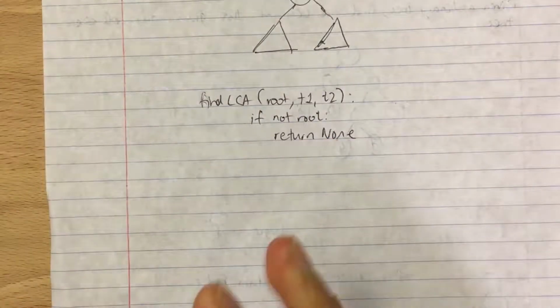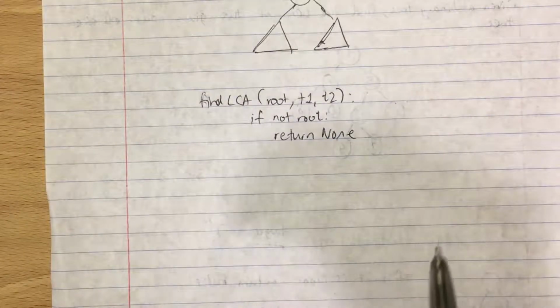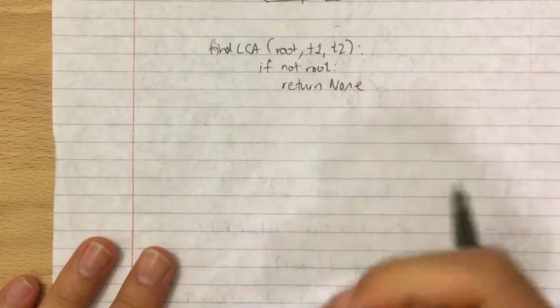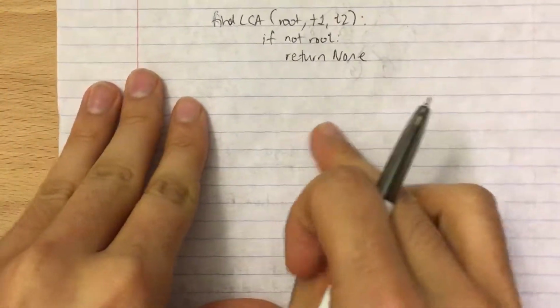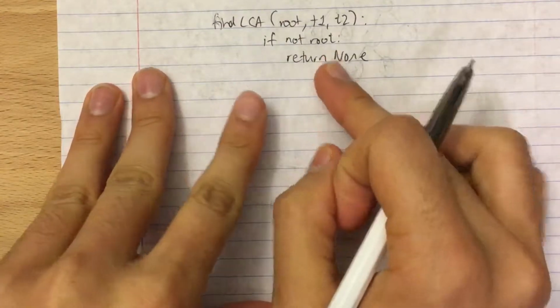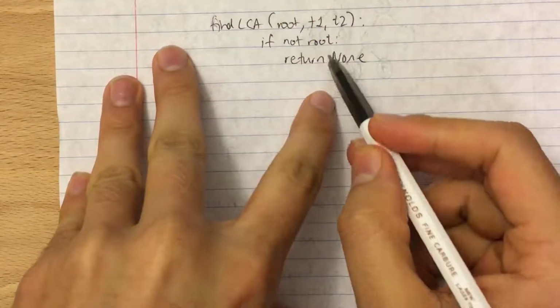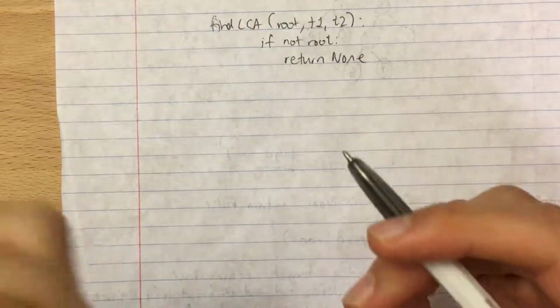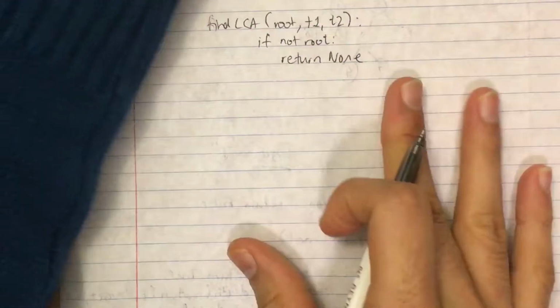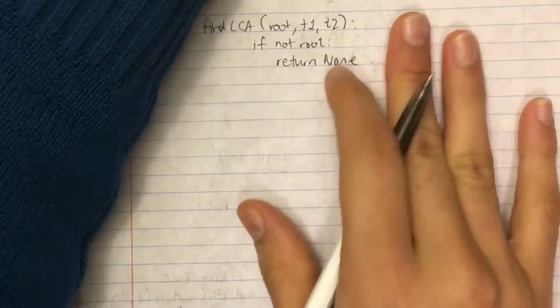If we have hit the end and it's still not equal to the value we're looking for, we return None. So at the very end of the recursion, when we branch off to the leaf nodes and make further recursive calls, we return null references, saying we have not found the given target.